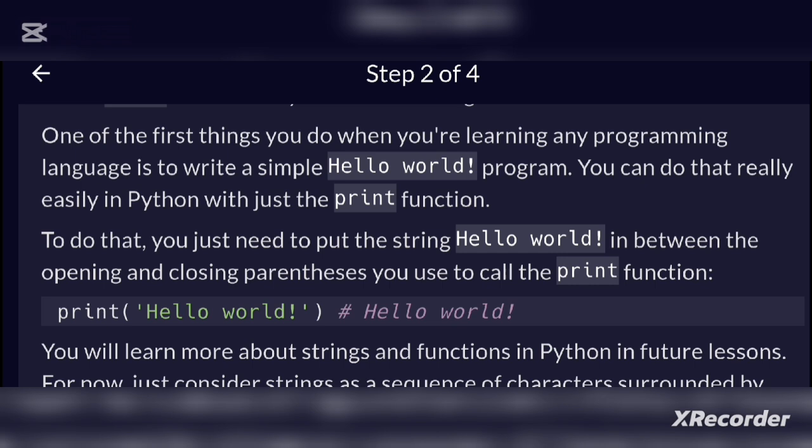Understand? You are telling the computer to write these words, hello world, and the output is hello world. But you have to put your string in double quotes and put your parentheses on it in order for it to come out very well. If not, it's going to give you an error.